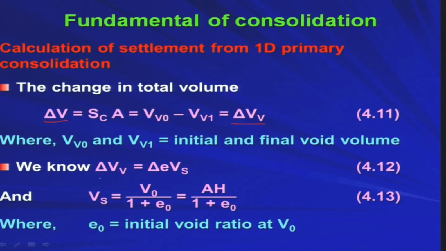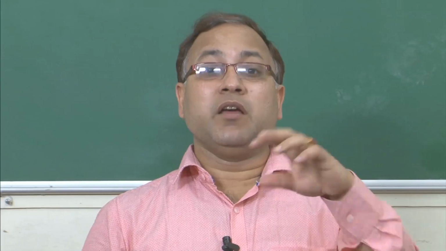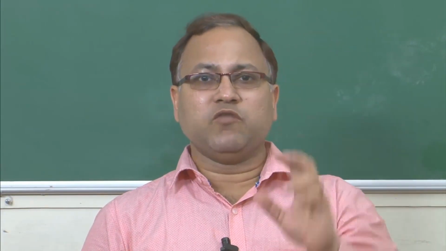Now, from our fundamental definition of void ratio, delta V_V, the change in void volume, is equal to delta e into V_s, where delta e is the change in void ratio. We know that e is equal to V_V by V_s, if you recall. So, delta e, the change in void ratio, is equal to the change in void volume divided by the volume of solid.